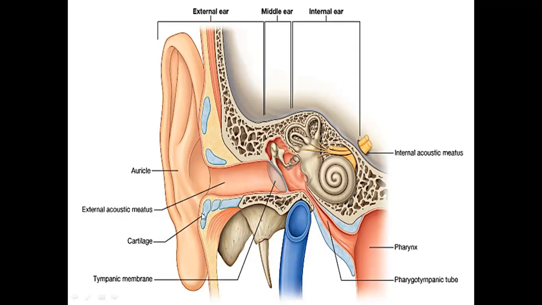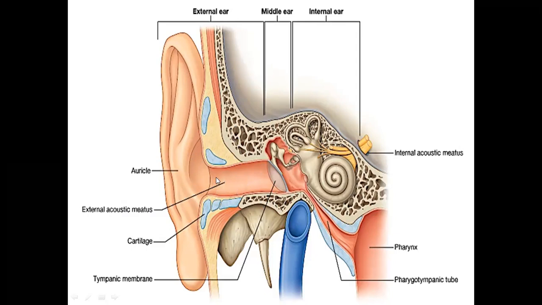From this picture, again you can make out it is partly made up of cartilage, which is shown in sky blue color, and partly it is made up of bone. Whole of the ear is lying in the temporal bone. Please remember, petrous part of the temporal bone. Okay, temporal bone. Now, so external acoustic meatus and auricle are the parts of external ear.